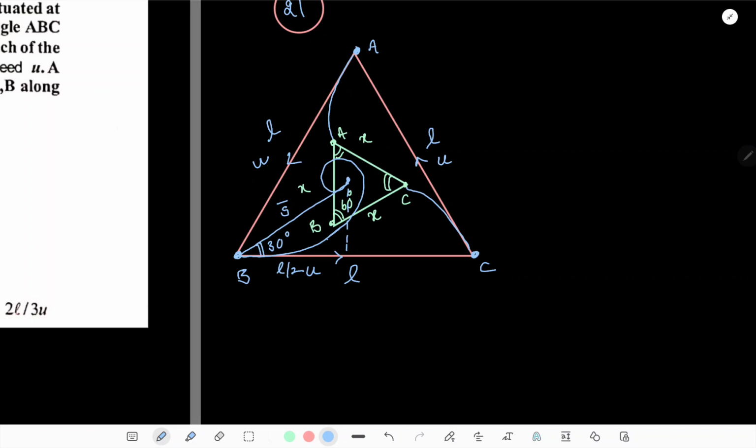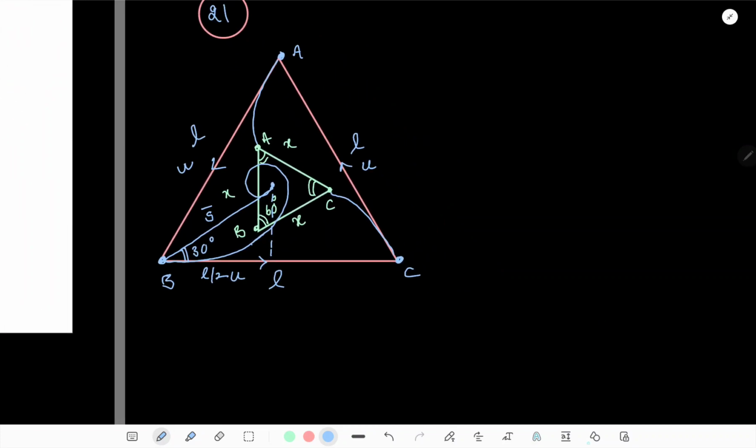Therefore I wish to find out this displacement. So that's my logic number 1. I'm going to find out the displacement. I can write cos 30 equal to L by 2 into S bar.